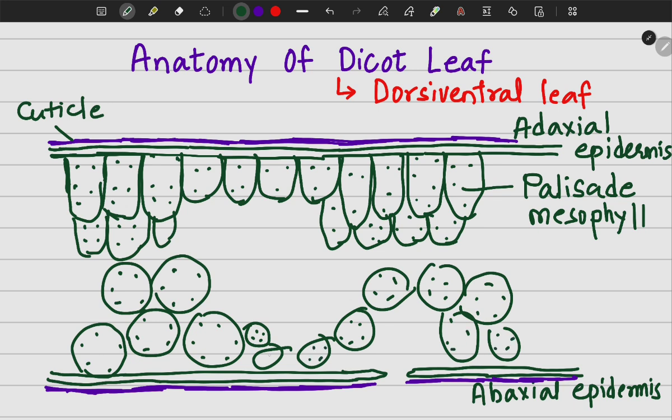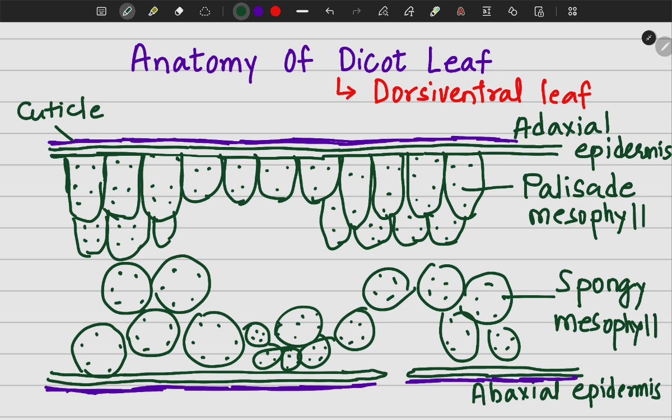They are not as tightly packed as palisade parenchyma. They are very loosely arranged. These are called spongy mesophyll, found towards the lower epidermis. So these palisade and spongy mesophyll constitute the two types of mesophylls present in a dicot leaf.